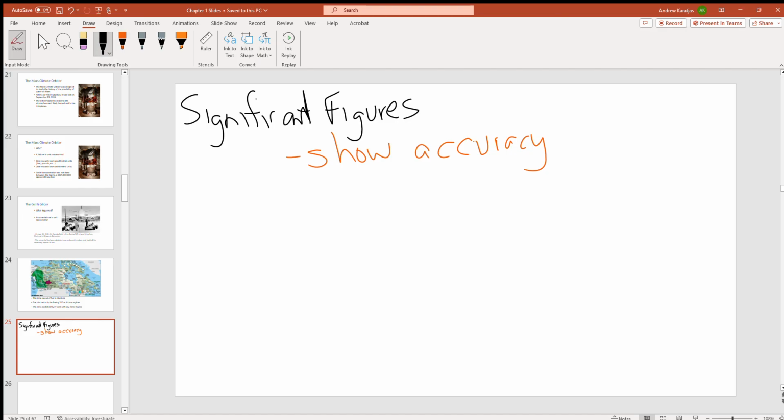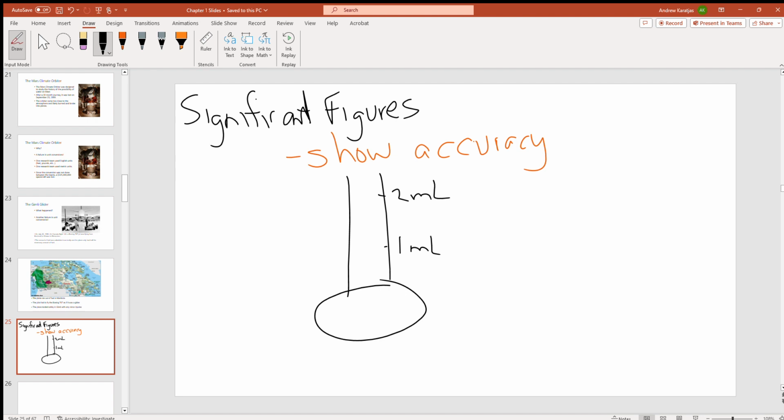So let's say we're in the lab measuring out a liquid, and this is our graduated cylinder. And we'll say that is 1 milliliter, and that next mark is 2 milliliters. We then fill it up with whatever we decide to fill it up with.